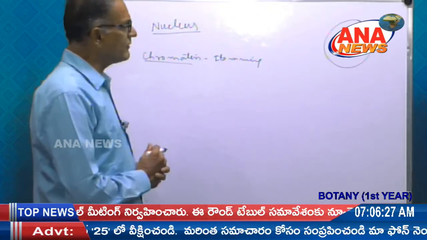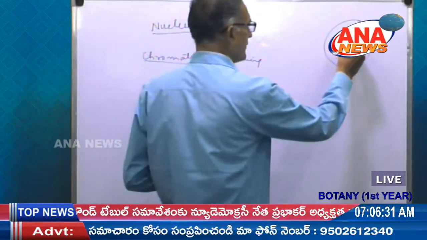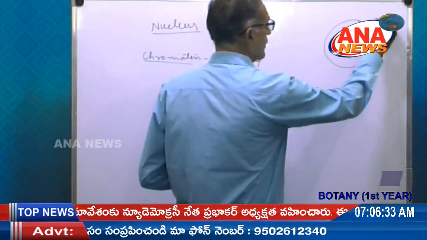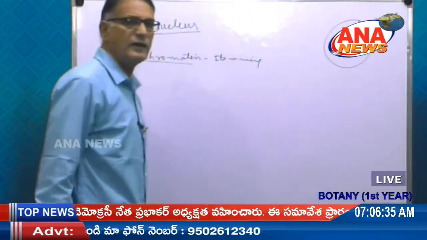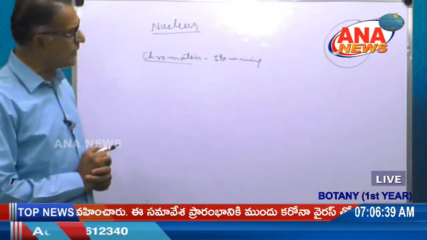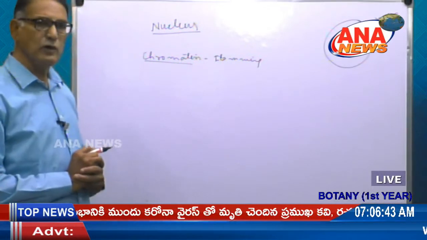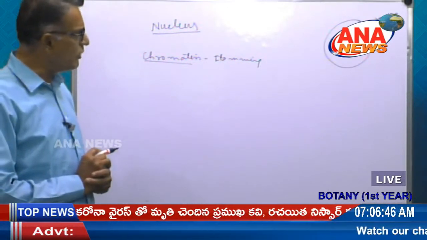In the nucleus, the spherical stained structure is the nucleolus. Generally the nucleolus is a non-membrane bound structure which is continuous with the nucleoplasm. It is made of nucleoproteins.